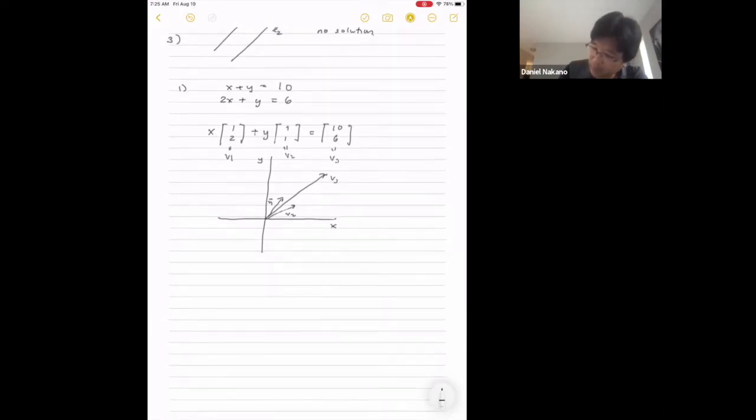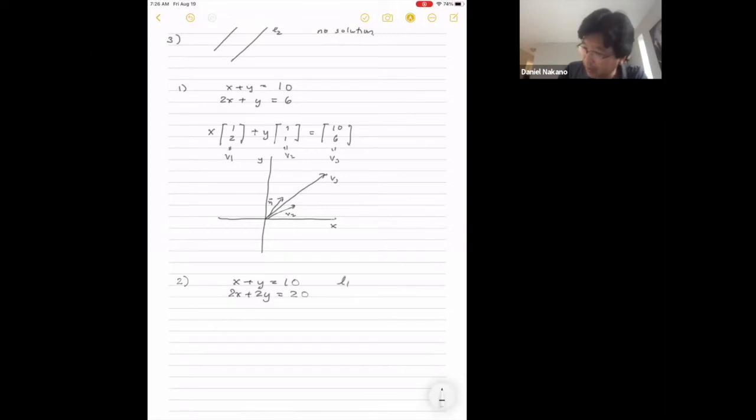Now, what we can do is continue on and look at another case. So we have x plus y is 10, and 2x plus 2y is equal to 20.